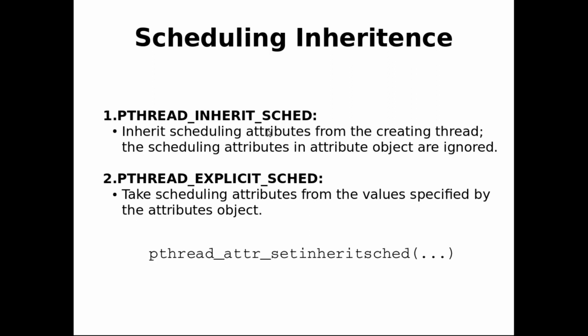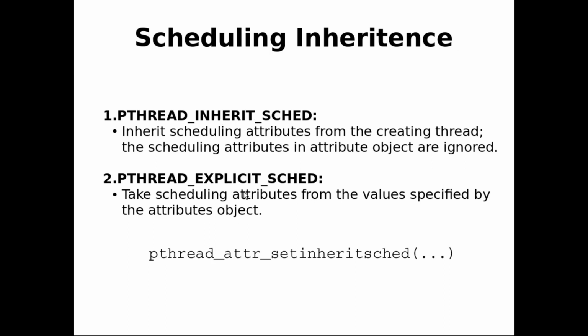So whatever scheduling attributes the parent thread has, the newly created thread will use the same scheduling attributes. Now what are the different scheduling attributes? We will see shortly. It's the scheduling policy, the priority, and the scope. So we have three scheduling attributes, and the values of those three scheduling attributes will be inherited from the parent thread if the scheduling inheritance attribute is set to inherit scheduling.